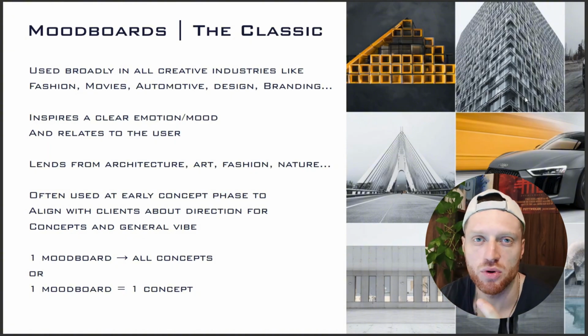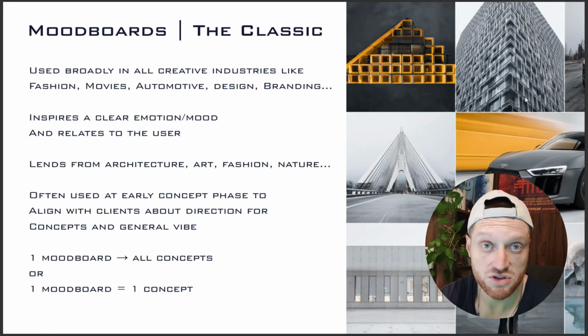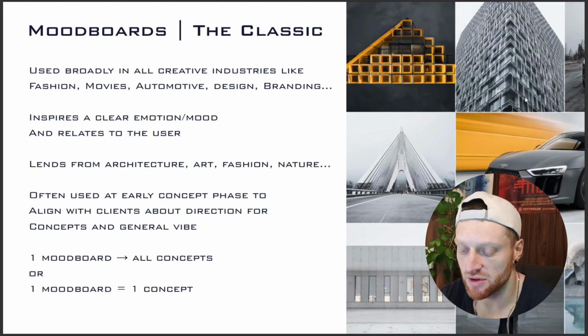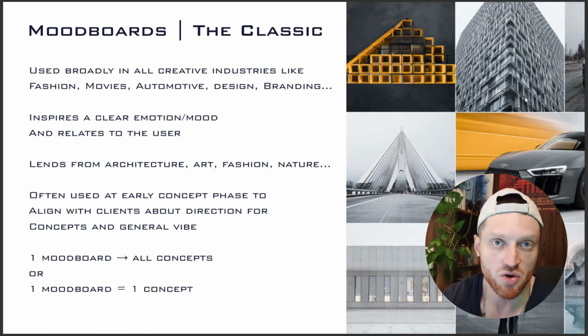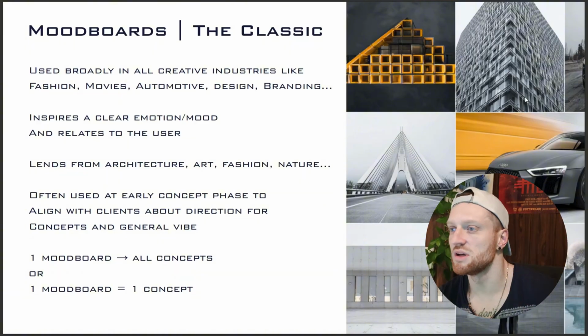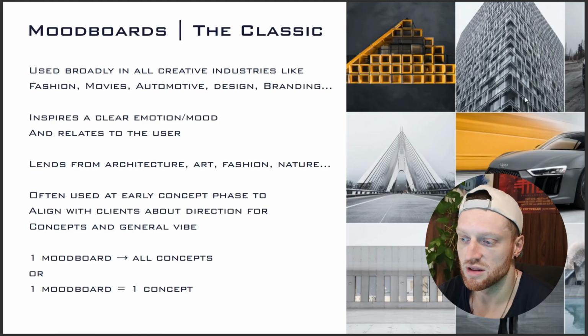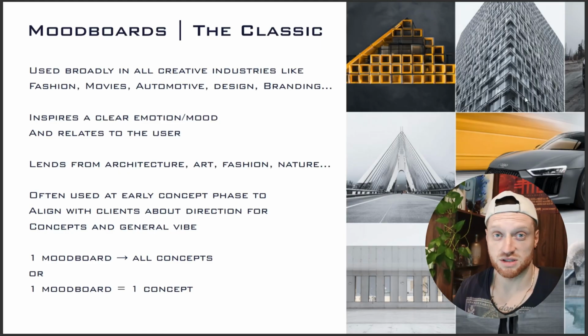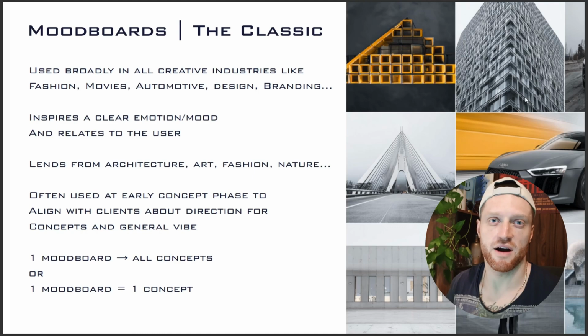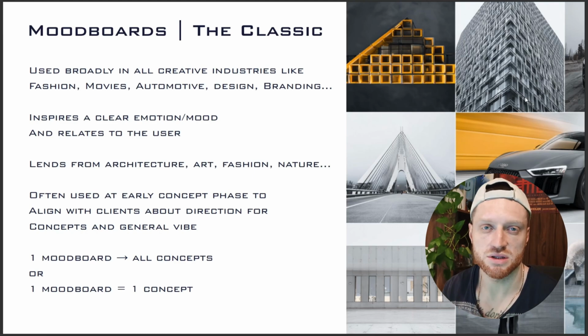In order to create a moodboard, we usually take images from different sources, straight from architecture, from art, from fashion, from nature. So even if we create a product that is not linked or related to architecture or the automotive field, we can still use these images to feed into our moodboard, because there are some objects, projects, products and things in the world that have higher emotional value than others, that create a stronger emotional reaction than other objects do.